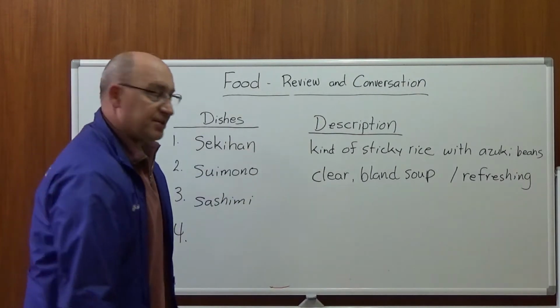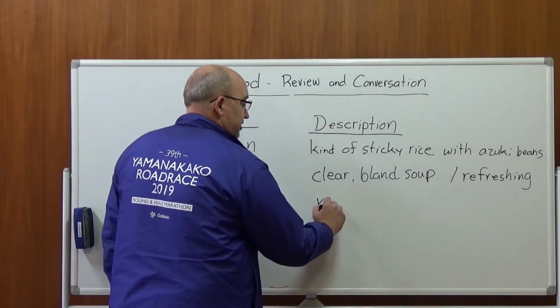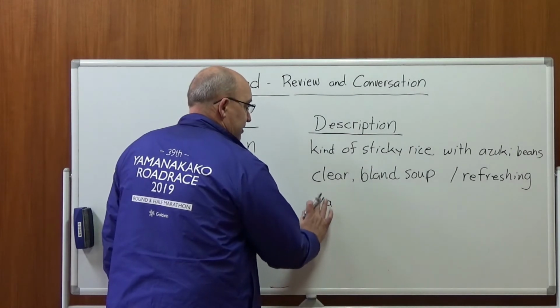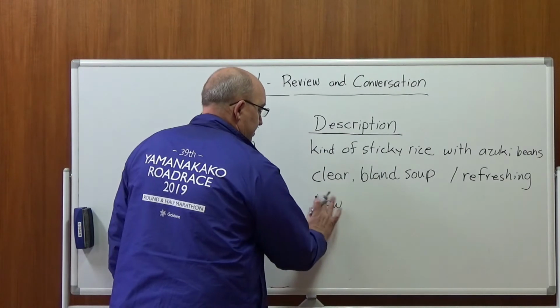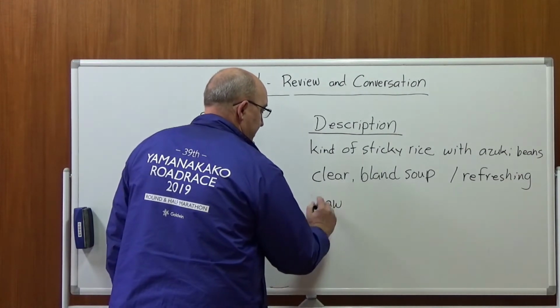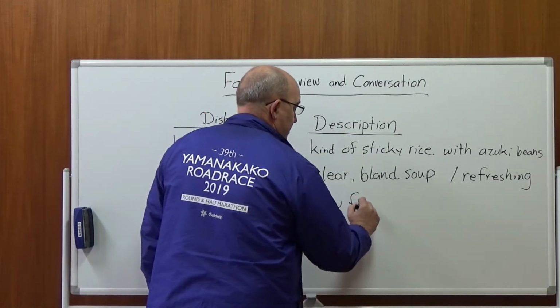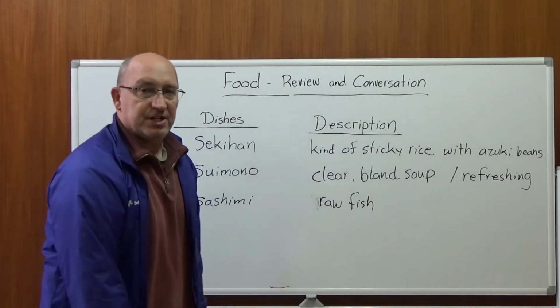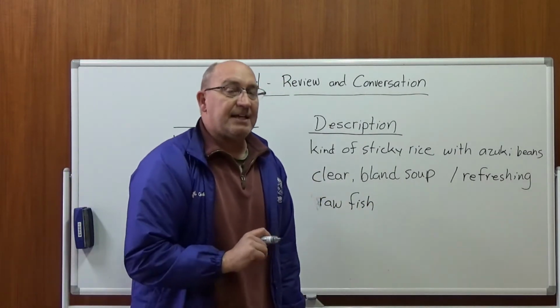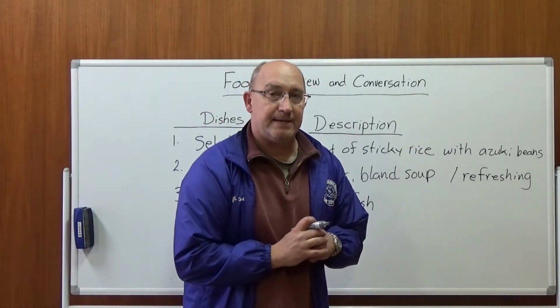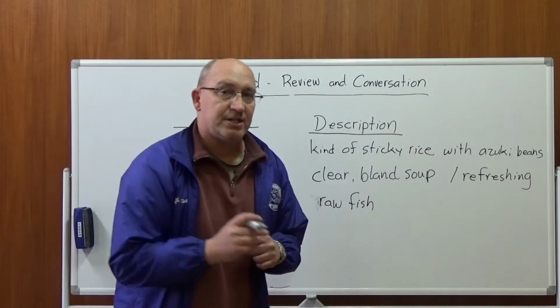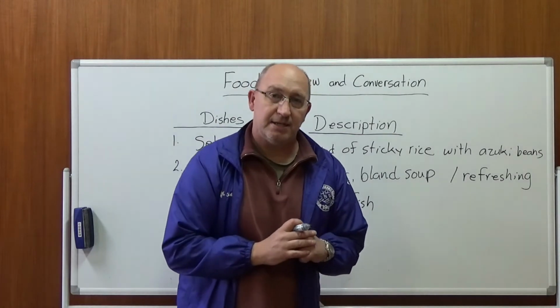And to describe sashimi, the cooking style, very easy. Well, sashimi is raw fish. It's raw fish. And then I added, okay, it's served with two things. I said it's served with soy sauce and wasabi.